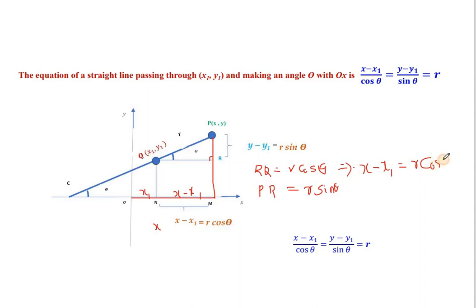And in the same way we have y minus y1, because the entire length is y, and we have only this one to be y1. So y minus y1, that gives me this PR. So we have y minus y1 is equal to r sin theta.